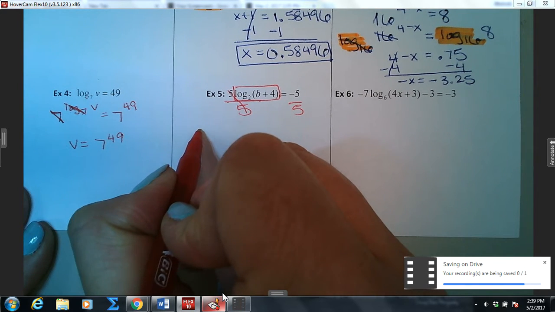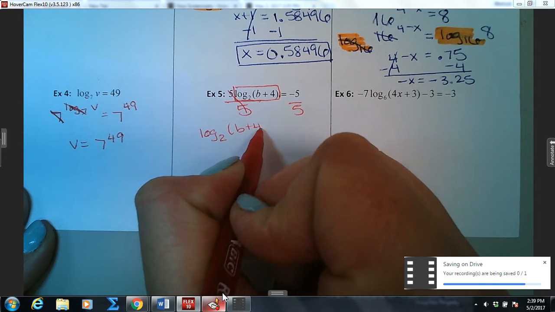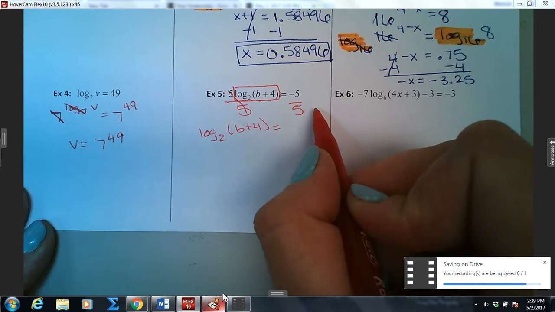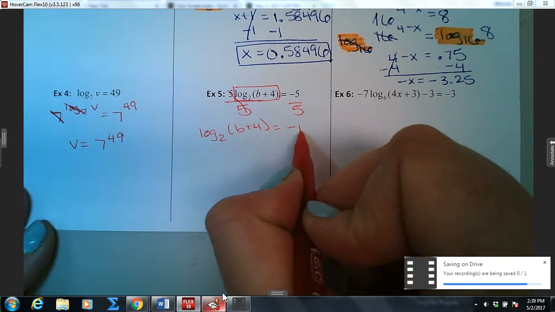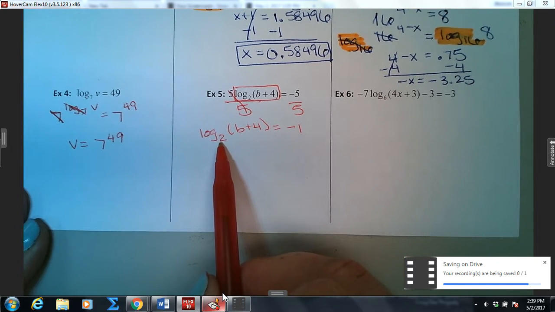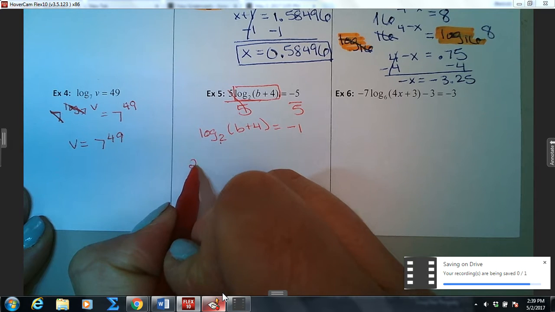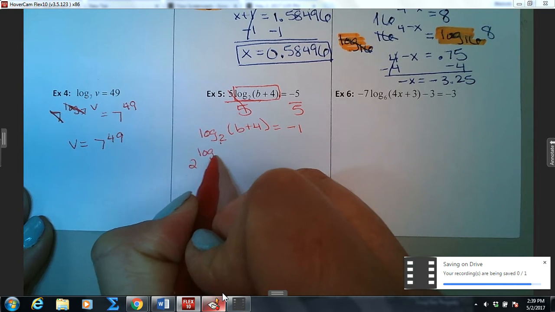So now I'm left with log base 2 of b plus 4 is equal to negative 5 divided by 5, which is negative 1. Now I'm to the point I need to get rid of the log base 2. To get rid of a log of base 2, I need to raise it up as an exponent of the same base.